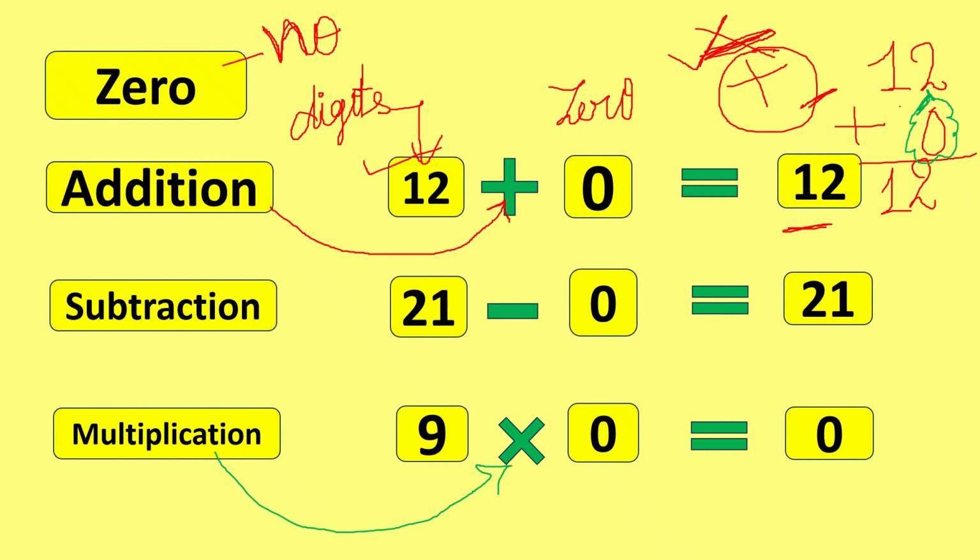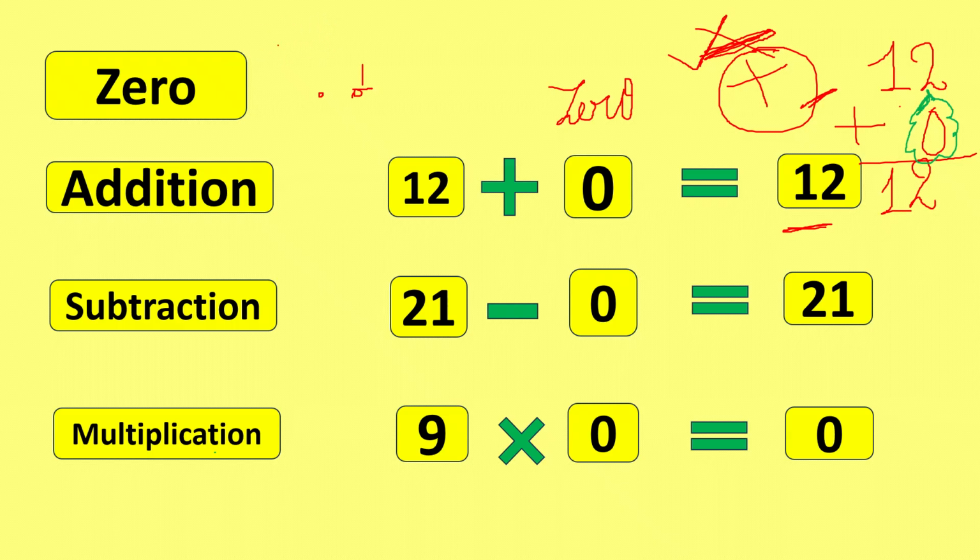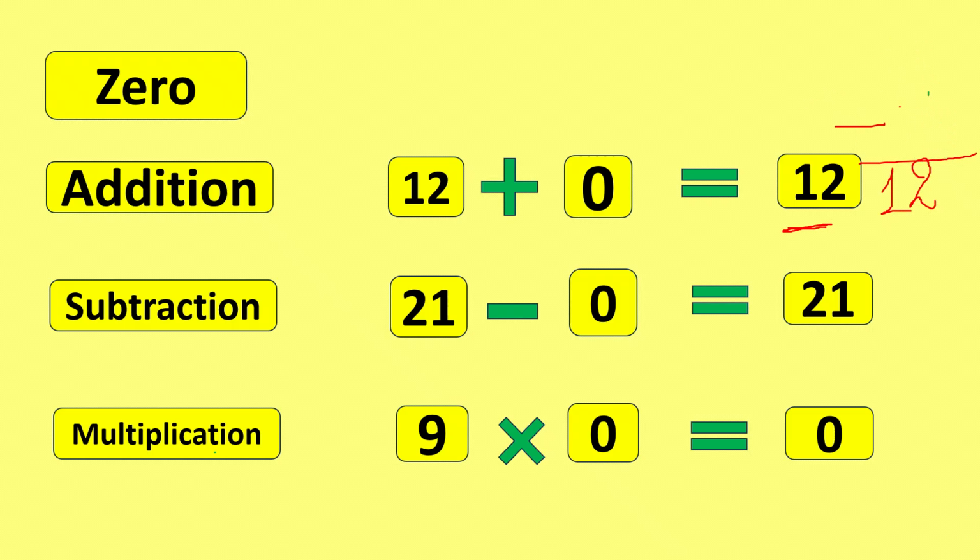Okay, hope it's clear to you. And if it is not, then pause the video a little bit, or reverse it and listen again. You will definitely get all the points with more clarity.